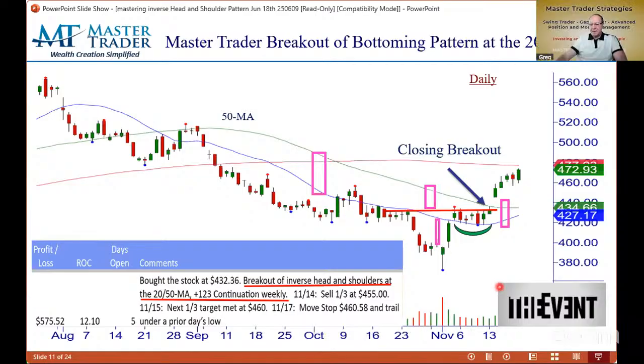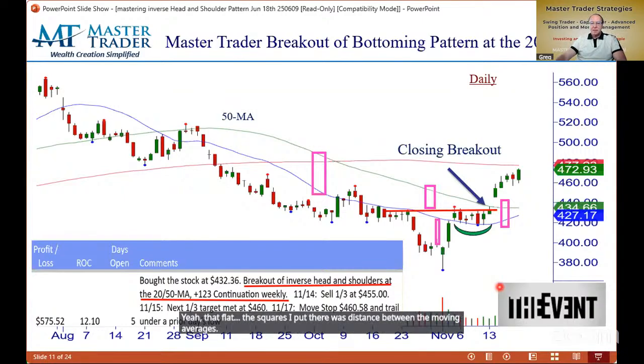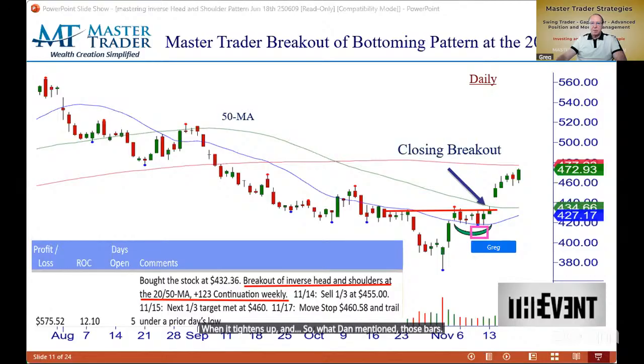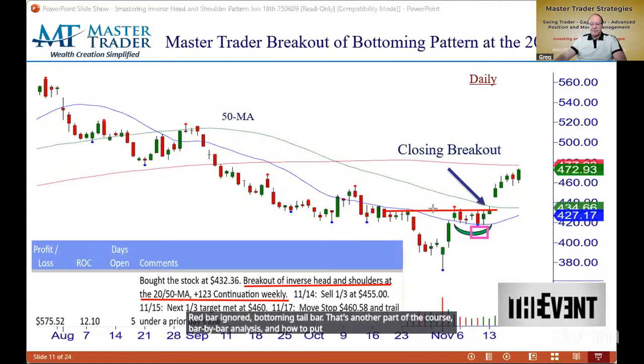The squares I put there show the distance between the moving averages and the distance between price and the moving averages tightening up over here. You get this deep retracement and it tightens up. Like what Dan mentioned, those bars, red bar ignored, bottoming tail bar. That's another part of the course, bar by bar analysis and how to put that together.